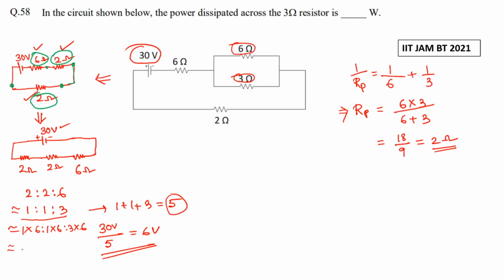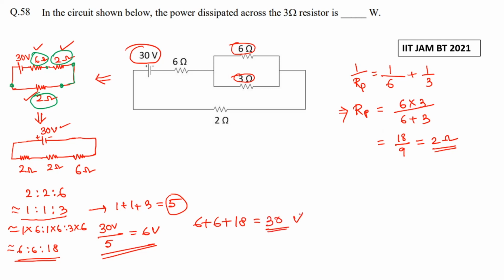Okay, that is 6, 6, and 3 times 6, that is 18. Now if we add these, 6 plus 6 plus 18, what do we get? We get 12 plus 18, that is 30.